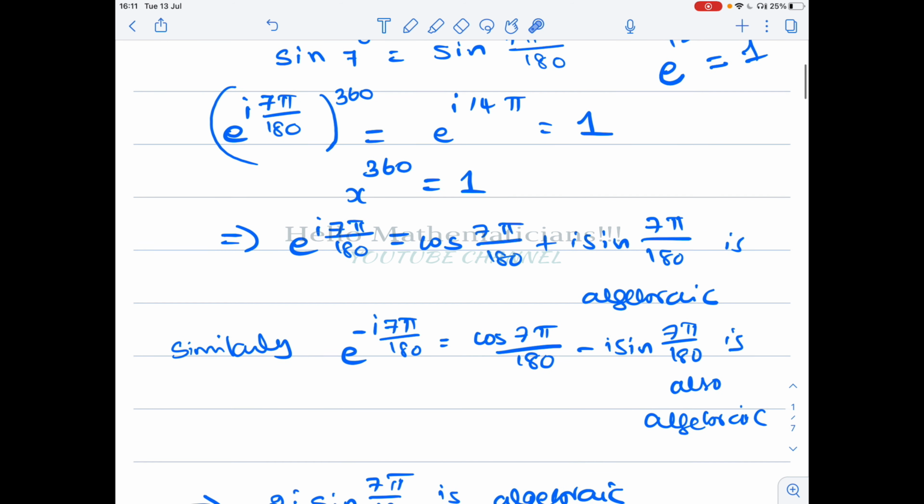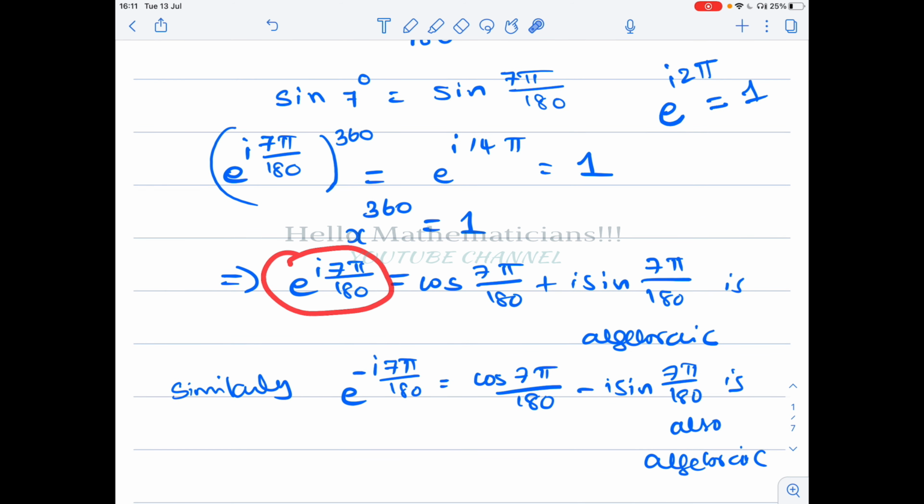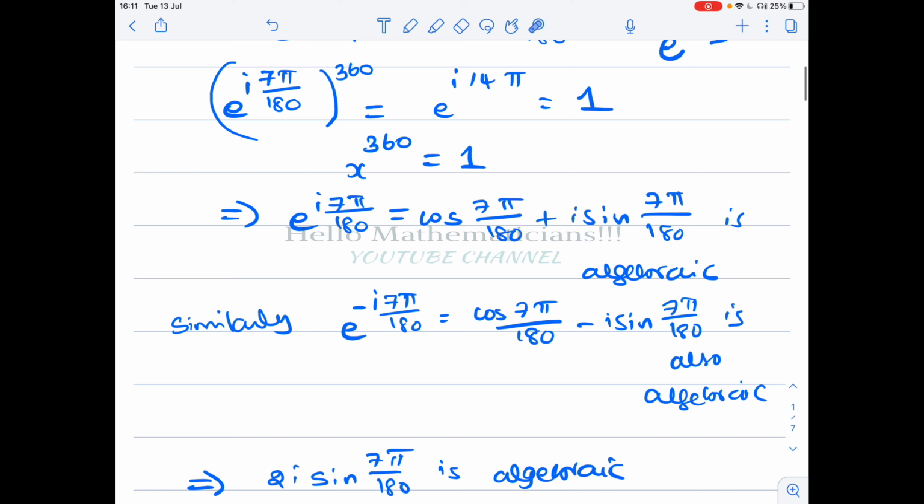Now, e power i 7 pi by 180 equals cos 7 pi by 180 plus i sin 7 pi by 180. And this number is algebraic because we showed that it satisfies the polynomial x power 360 minus 1. Now, if you look at e power minus i 7 pi by 180, this is cos 7 pi by 180 minus i sin 7 pi by 180.